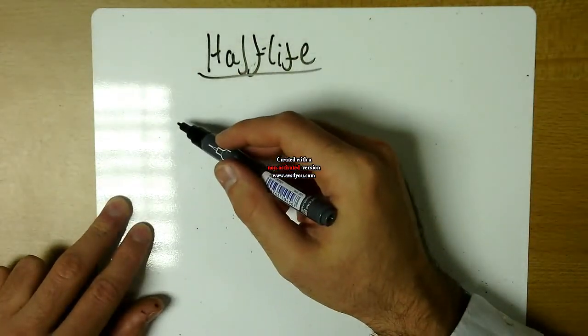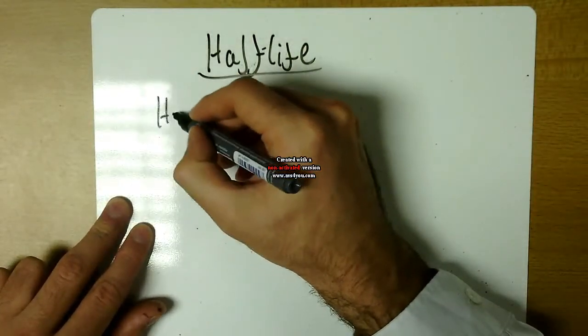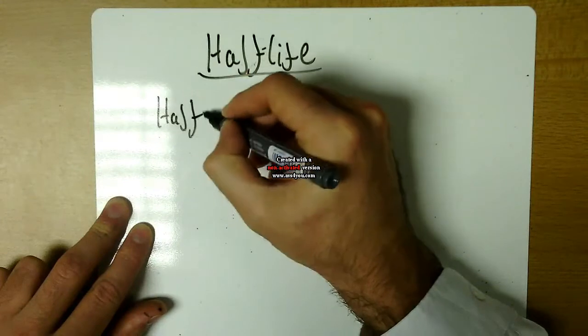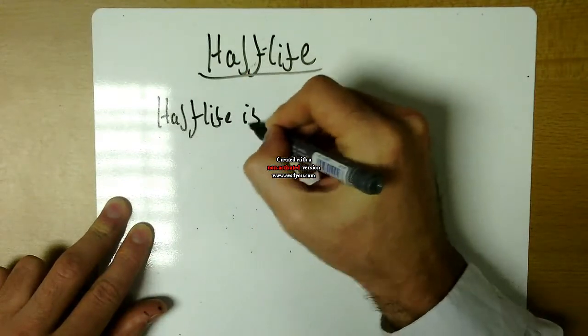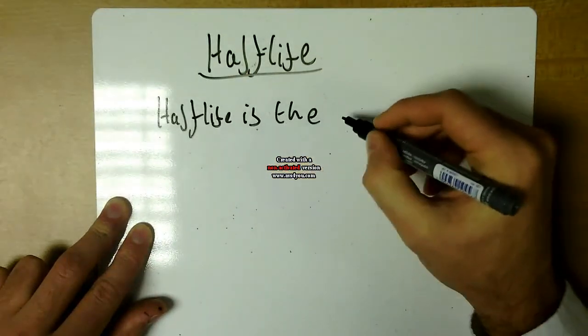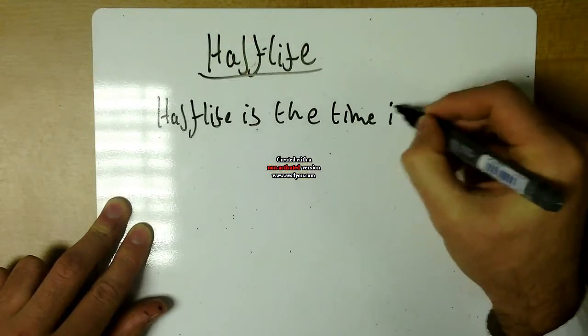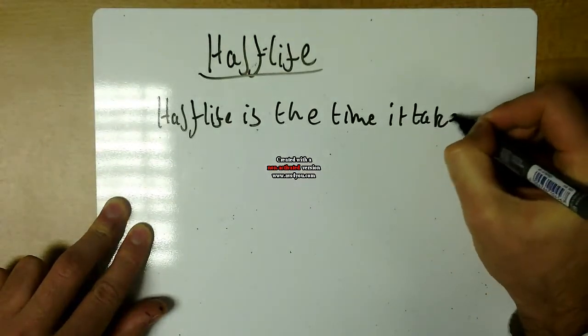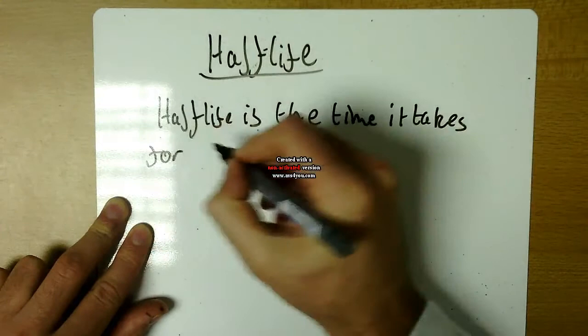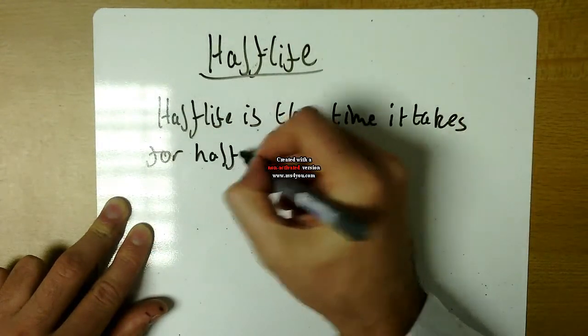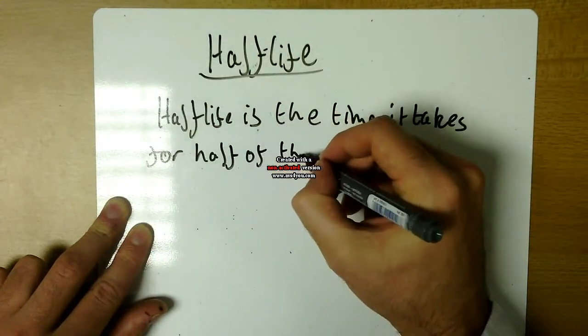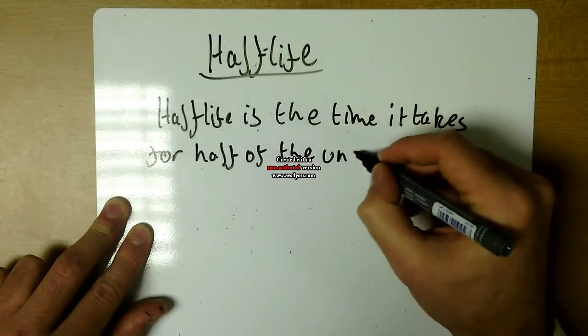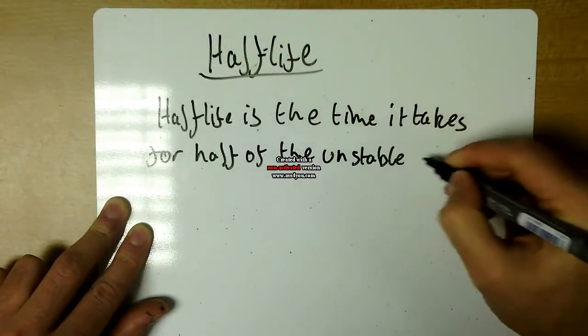So half-life is the time it takes for half of the unstable nuclei.